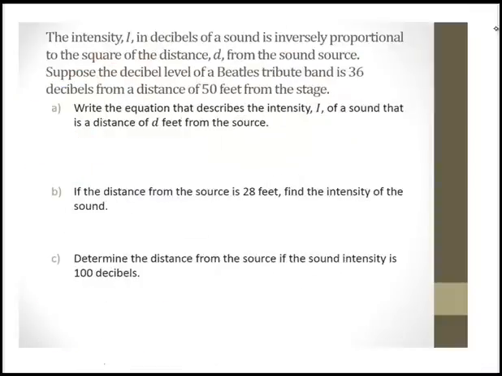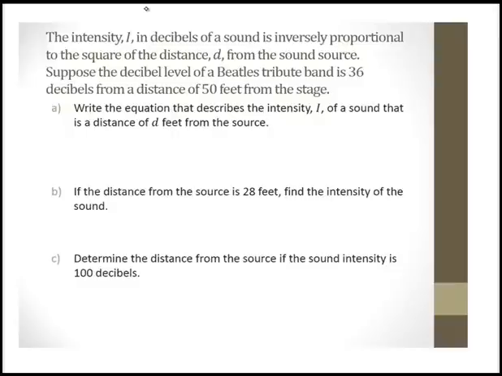Let's see another example. The intensity I in decibels of a sound is inversely proportional to the square of the distance d from the sound source. Suppose the decibel level of a Beatles tribute band is 36 decibels from a distance of 50 feet from the stage. We're asked to write the equation that describes the intensity I of a sound that is a distance of d feet from the source.